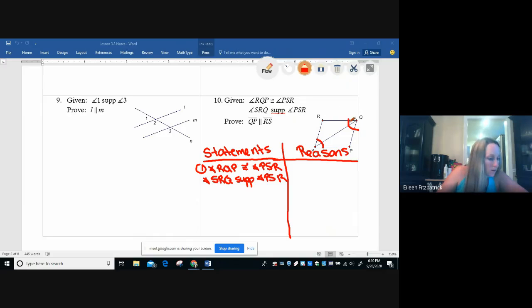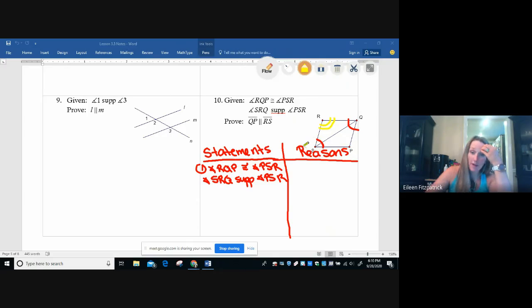So angle PSR, this red angle that I already marked, is supplementary to angle SRQ. So I'm going to mark that with 2 arcs in yellow. So this angle is supplementary to that one.